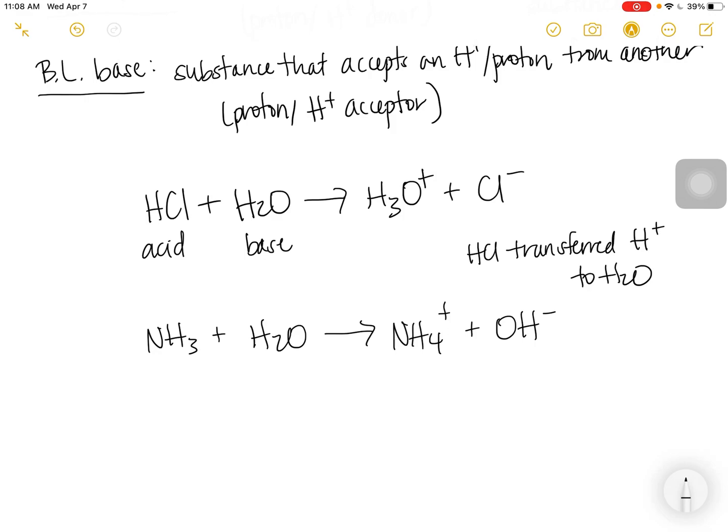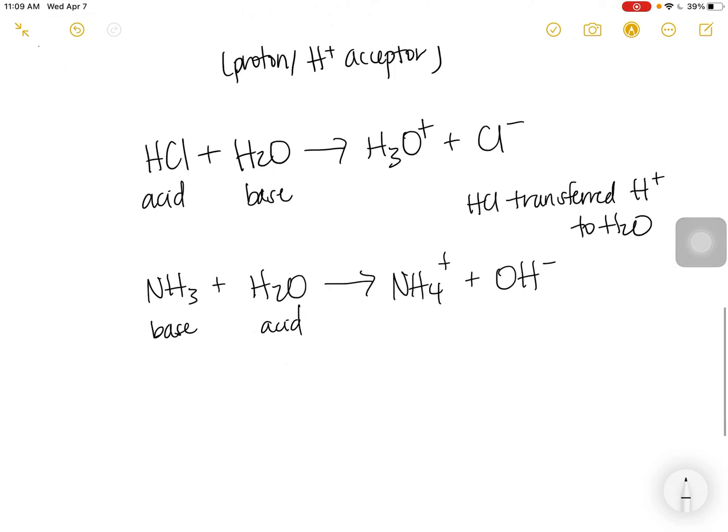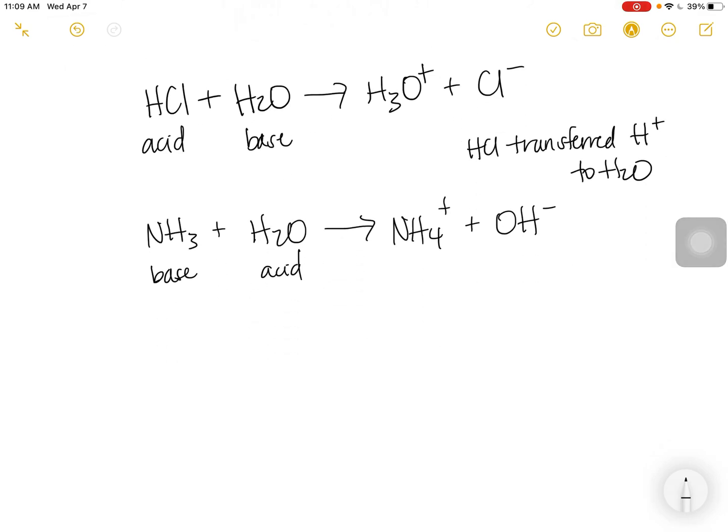We're going to learn very quickly that NH3 is a very famous base, and I want to show you why it's behaving as a base, which means that water is behaving as an acid. So NH3 is behaving as a base because it accepted an H plus from the water, and so water is behaving like an acid because it gave an H plus to the ammonia.